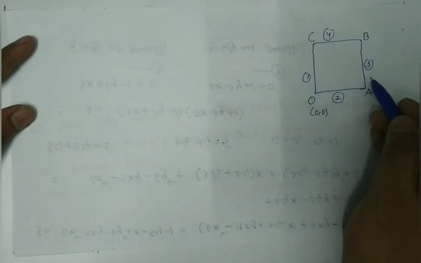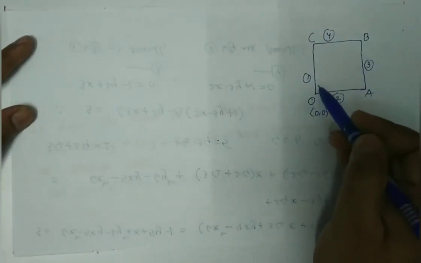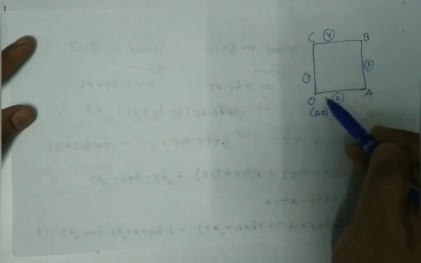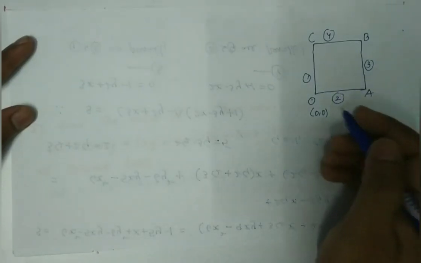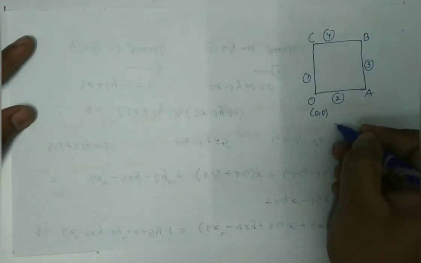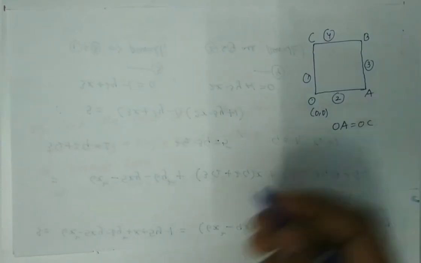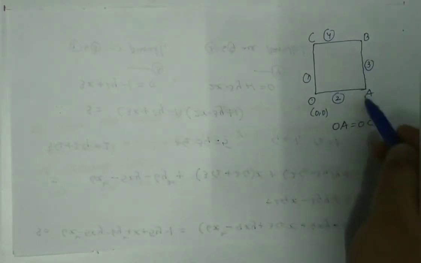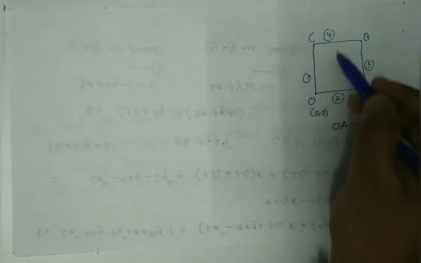If we show that OA is equal to OC, then we can say that the given lines form a square. OA is the perpendicular distance from the origin to straight line 3, and OC is the perpendicular distance from the origin to straight line 4.